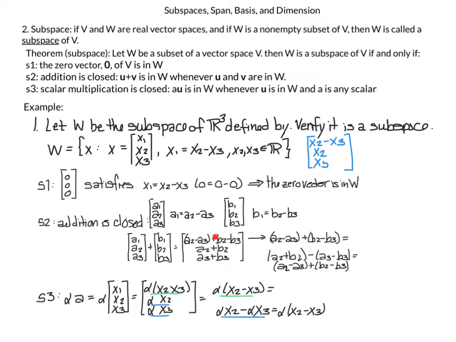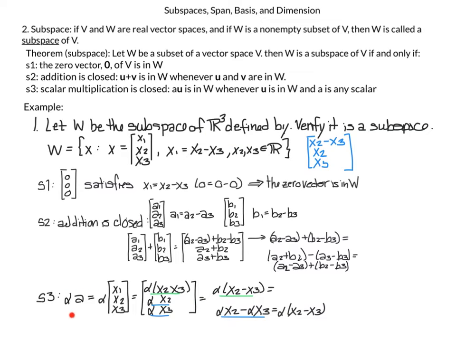Looking at this top component, we want to know, is this first component equal to the second component minus the third component? Here I have the second component minus the third component, and you can rearrange the terms and you see that these two are equal. So again, when you add two vectors, the result is still in W, so addition is closed.